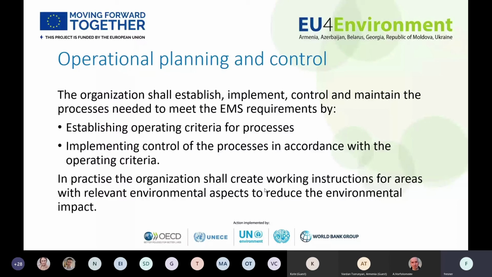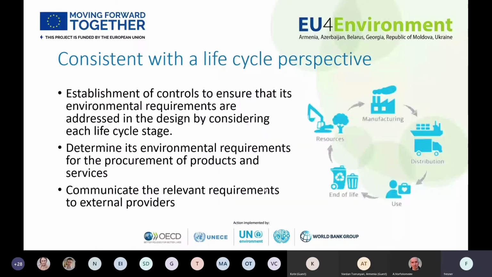All this should be consistent with the life cycle perspective. So ideally, we should include in the analysis the raw materials which we used, the use phase of the products we produce, and the end of life phase.